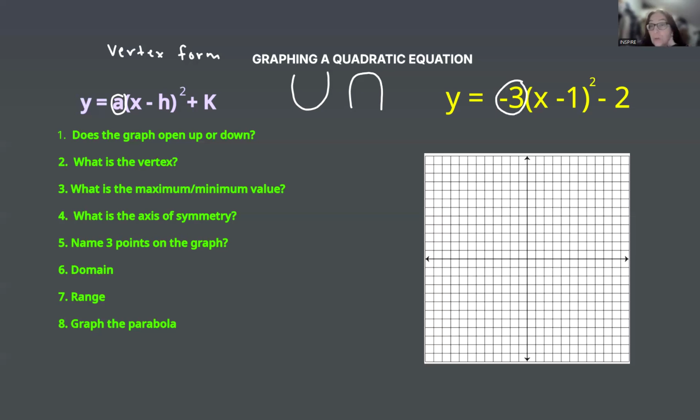Now, what we also can learn from this equation is what the vertex is. So the vertex is (h, k). Now, I want you to notice something. See how in parentheses it's x minus h? That's written as a factor. That does not say x equals h.